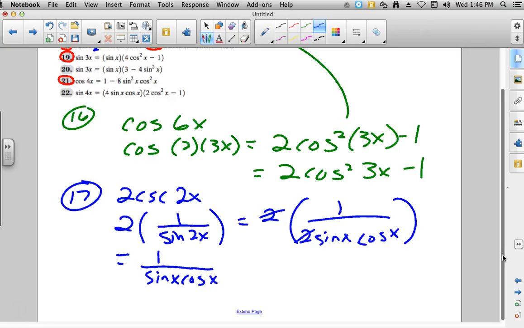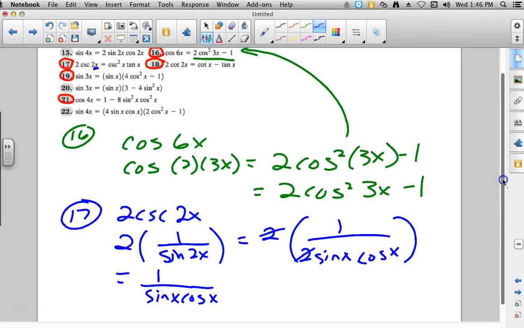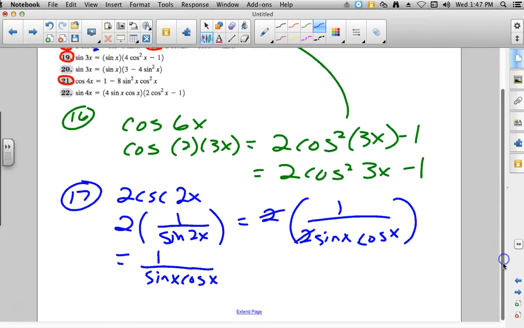I start thinking, doggone it, that's not going to give me what I need on the other side. Right now I can separate this and have 1 over sine x, which is cosecant x, and 1 over cosine x, which is secant. That's not going to give me what I need. So what do I have to get cosecant and tangent?